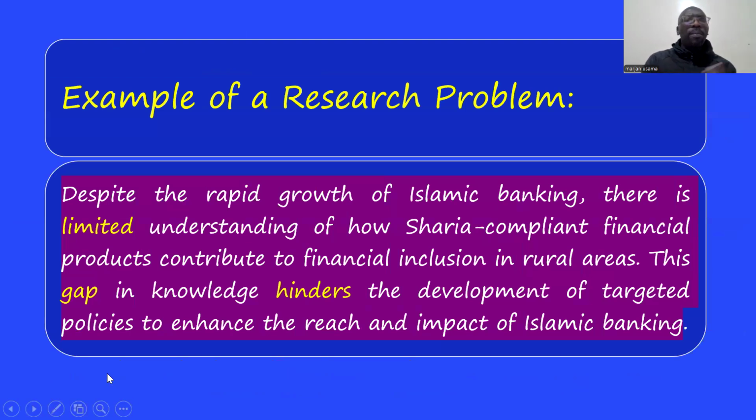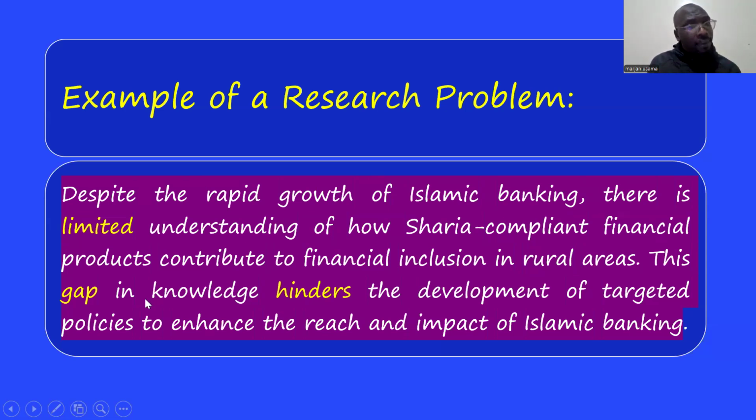So this is an example of a research problem. Look how the research problem has been formulated. This is how you should be formulating your research problem. Despite the rapid growth of Islamic banking, there is limited understanding of how Sharia compliant financial products contribute to financial inclusion in rural areas.